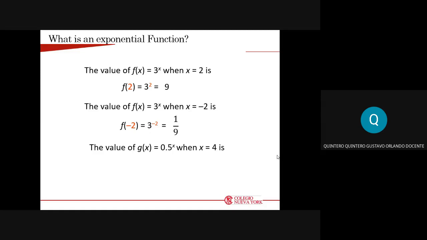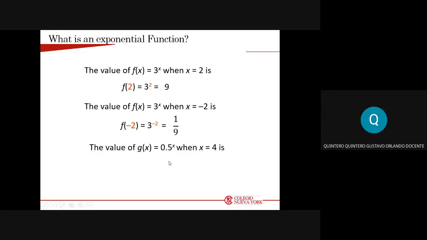It's being elevated, right, as an exponent. All right, thank you, brother. Samuel, Juliana. All right, anybody else? Let's evaluate the function g when x equals 4.